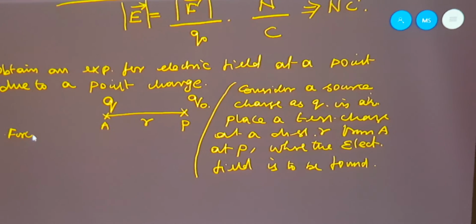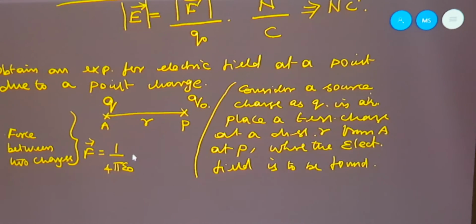First you calculate the electrostatic force between the 2 charges. What is the electrostatic force between the 2 charges? We know that F vector is equal to 1 by 4 pi epsilon 0 into Q into Q0 divided by R square.